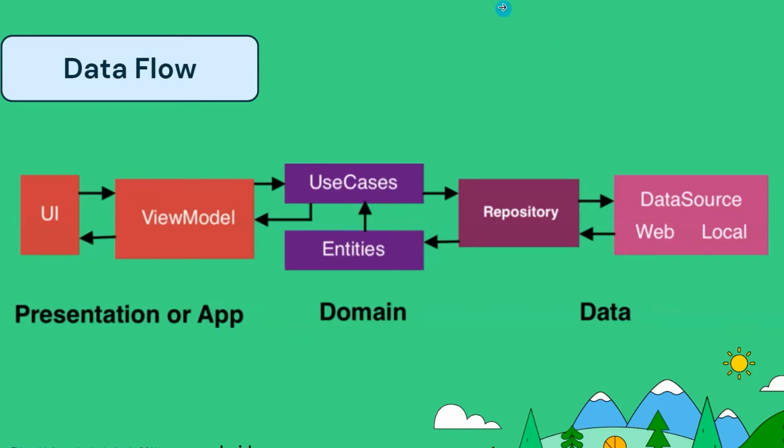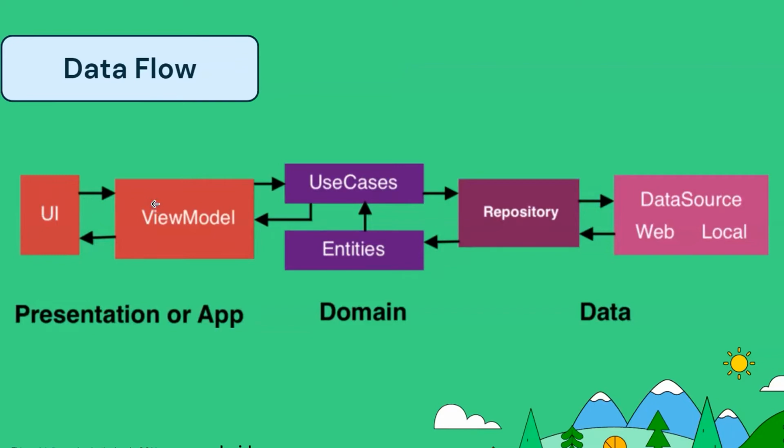Now, as you can see, you are on the UI screen, where you interact with the app and use the search box. This comes inside the UI portion. Now what happens? The keyword that you typed in the search box goes to the view model.